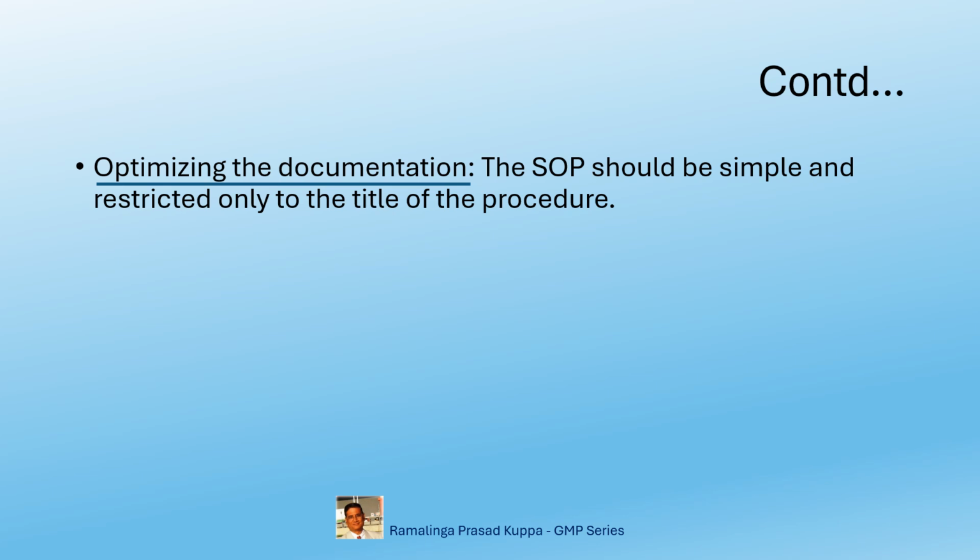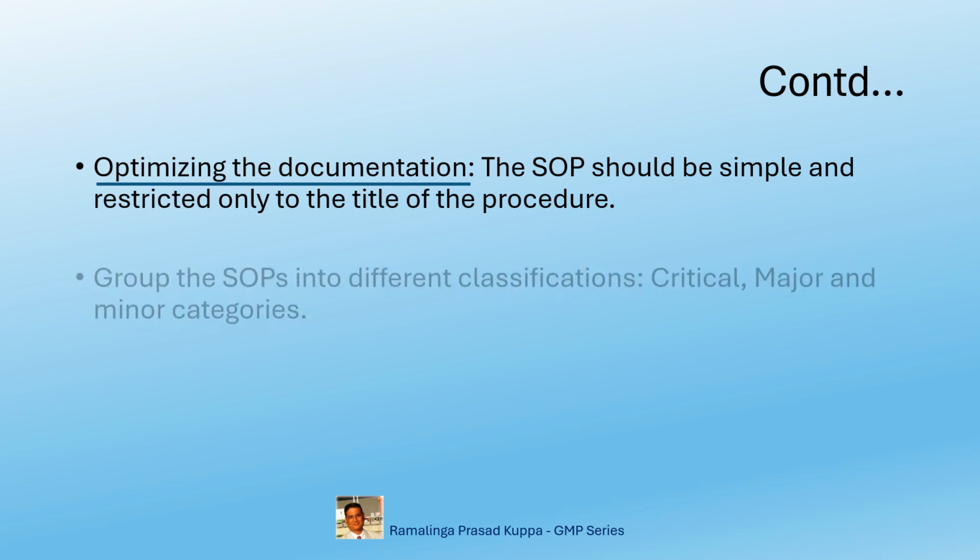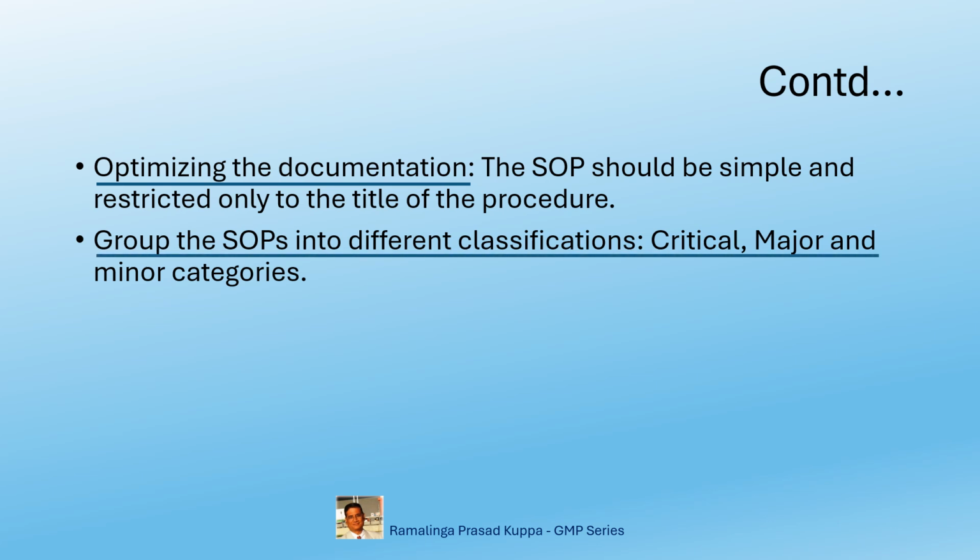Instead, make one SOP for receipt, one for quarantine, one for sampling, and one for dispensing, linking each SOP sequentially. This would make the content easier to understand. So keep the SOPs simple and separate. Group the SOPs into different classifications: critical, major, and minor categories.